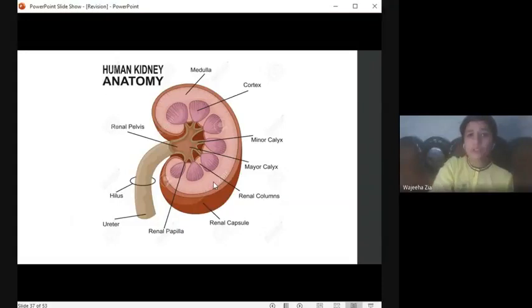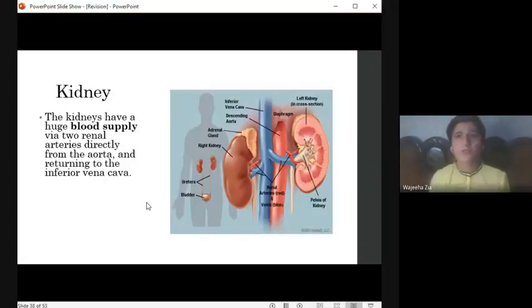Both drain into the renal pelvis, and that drains into the ureter. Blood supply of kidneys: both kidneys are supplied by the right and the left renal arteries, which originate from the aorta, and then the renal veins drain into the inferior vena cava.